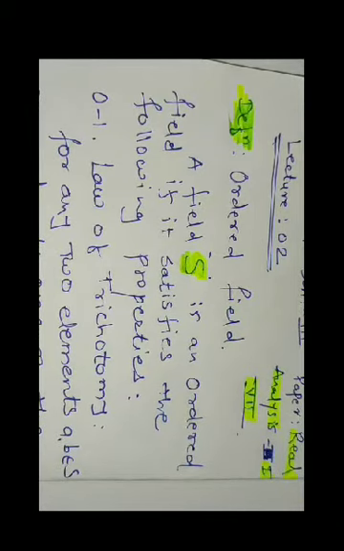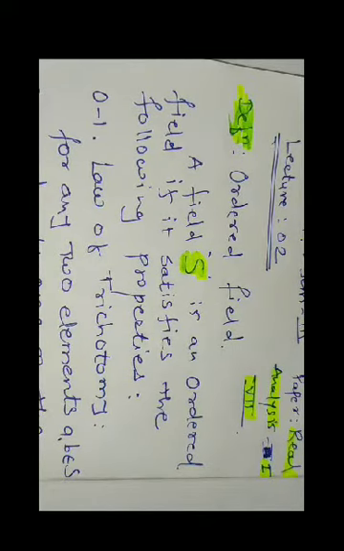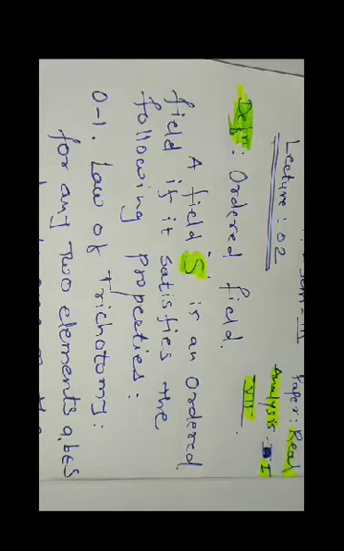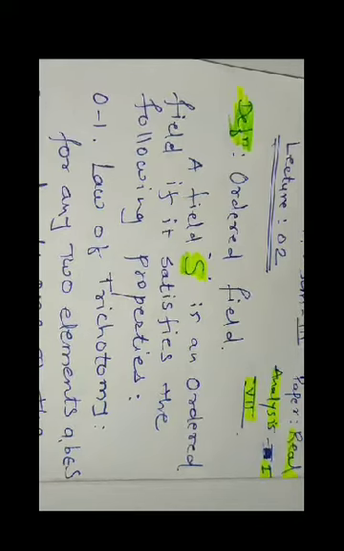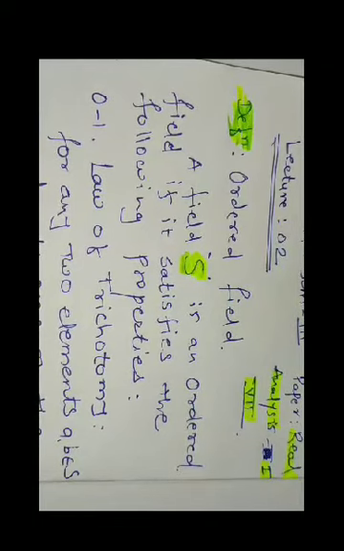In a field, 11 properties are satisfied: 5 properties with respect to the addition binary operation, 5 properties with respect to the multiplication binary operation, and 1 property is multiplication distributive over addition. You revise it yourself.